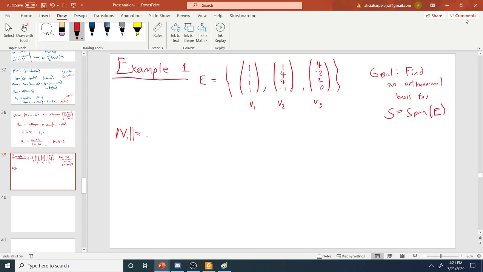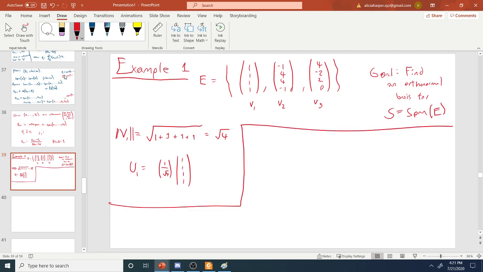Its norm is simply the square root of 1 plus 1 plus 1 plus 1, which is the square root of 4. So if I normalize V1 according to step 1 of the Gram-Schmidt process, I get U1. And U1 is the vector 1 over the square root of 4 times 1, 1, 1, 1. Now I know what my U1 is.